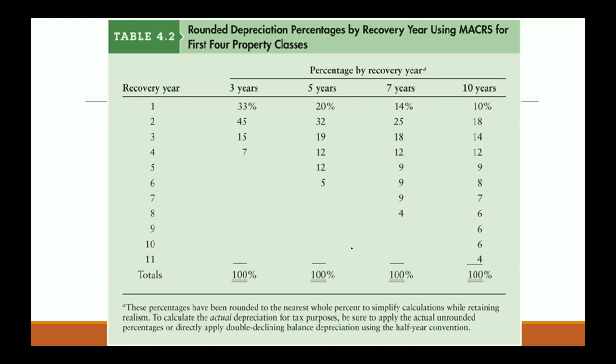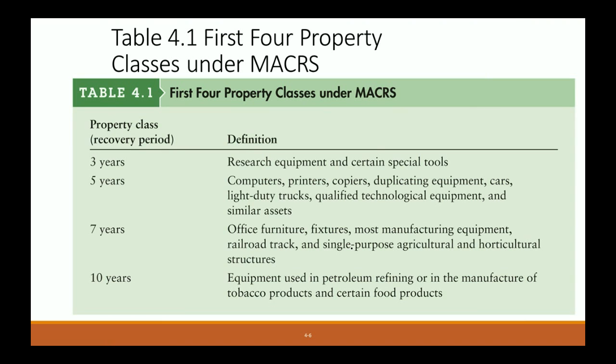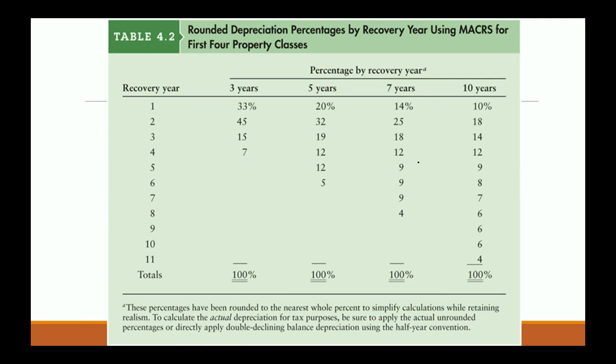So for example, if we had an asset with a 3-year recovery period, so that would fall into the first category, research equipment and certain special tools, then 33% of the cost of the machine plus installation cost would be charged off the first year, 45% the second year, 15% the third year, and 7% the fourth year. One thing to notice is that you are accounting for 100% of the cost of the asset and installation. So the sum of these must be 100%.